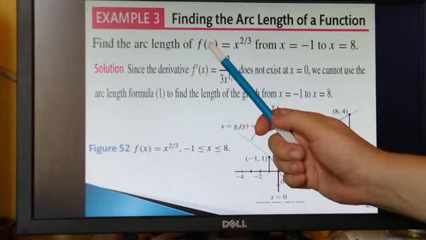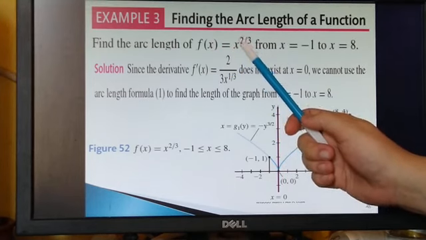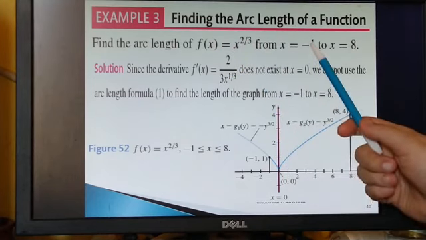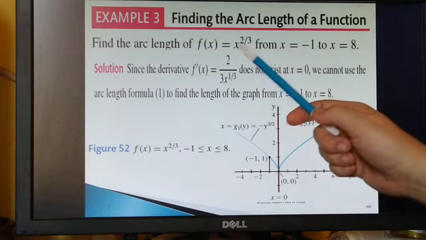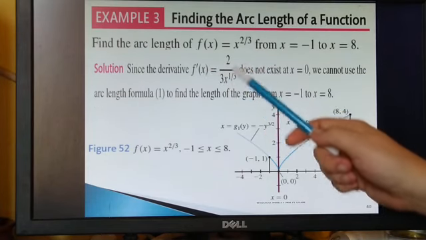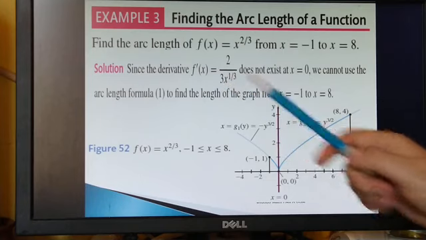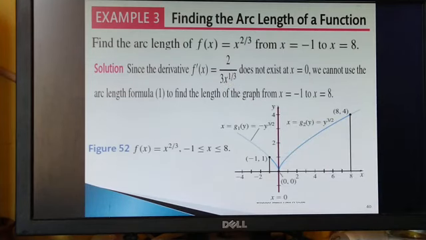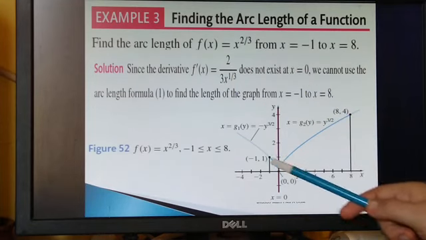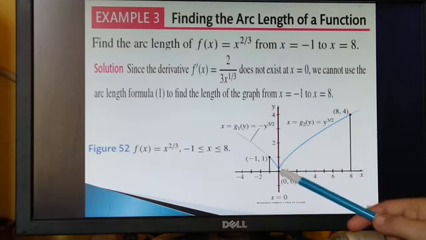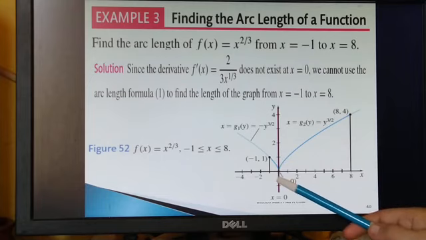For instance, we want to find the arc length of f(x) equal to x power 2/3 from minus 1 until 8. The solution is that f'(x) is just the derivative of this, equal to 2 divided by 3 times x power 1/3, and this does not exist at x equal to 0 because the curve is like this, so there is no derivative at 0 here.